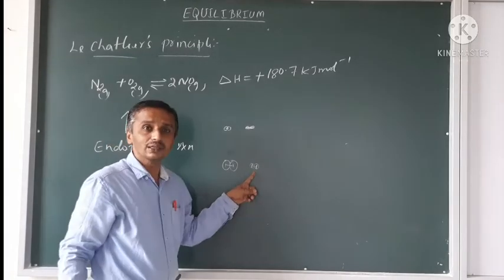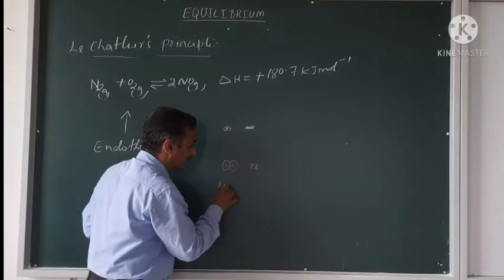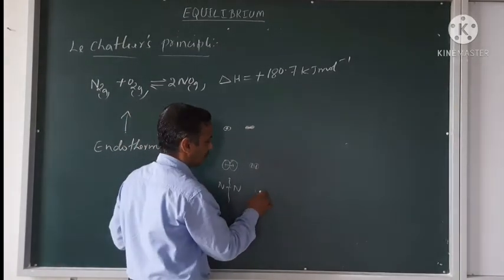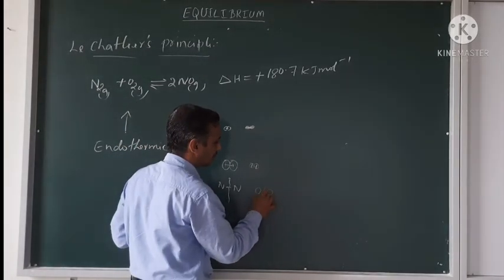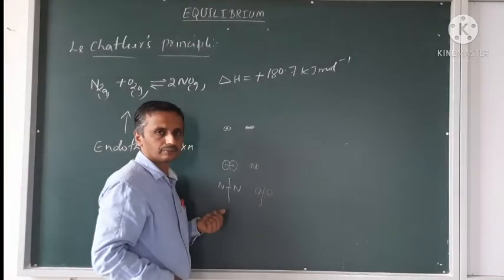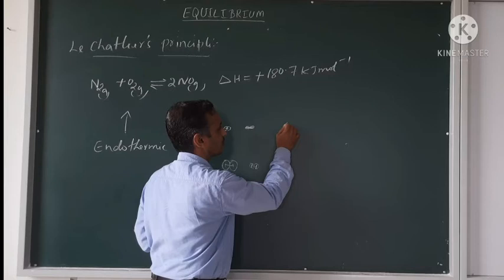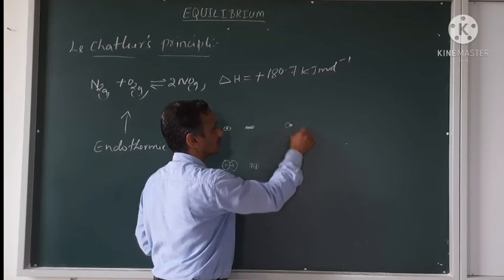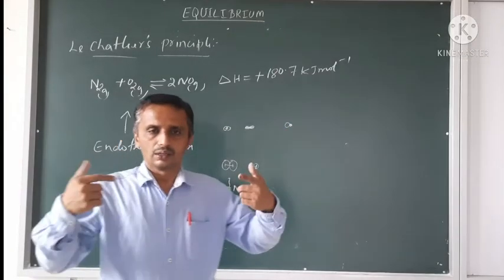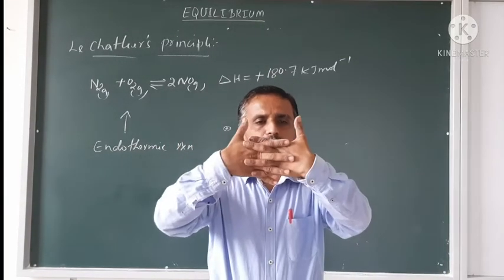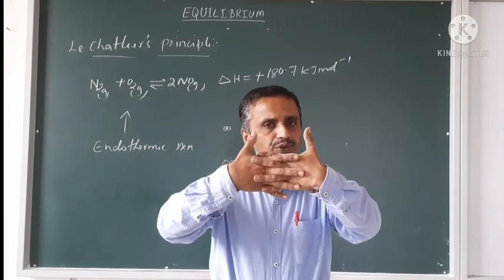So when the nitrogen bond does not break or the oxygen bond does not break, there is no question of nitric oxide formation. See here, this is nitrogen bonding, strong bonding.